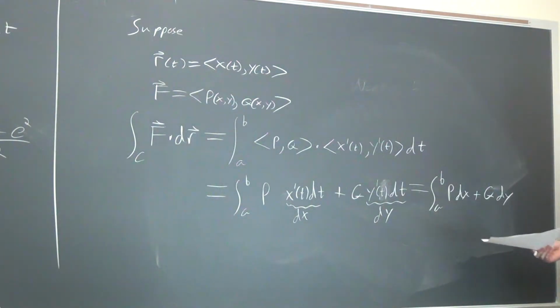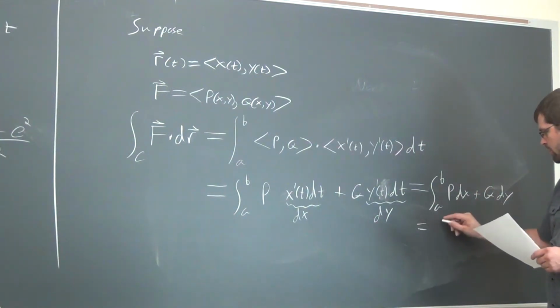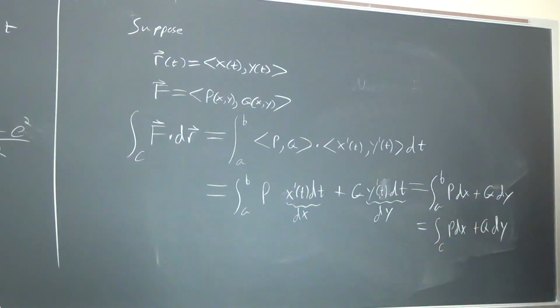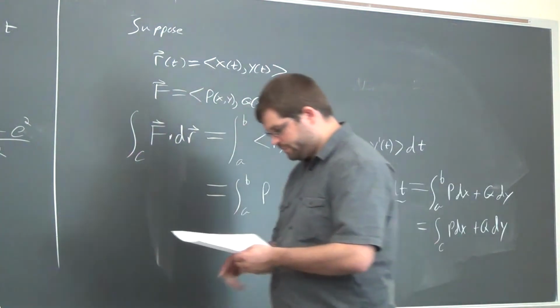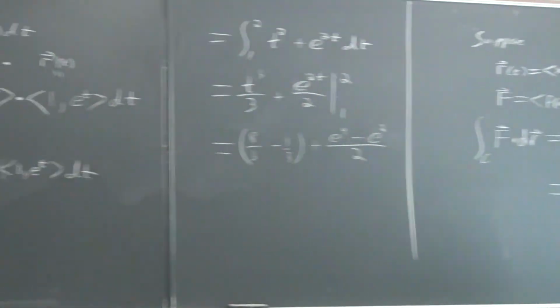We still need some underlying parameterization here. And sometimes you'll also just see the line integral over C of p dx plus q dy. All right, so let's try an example here.